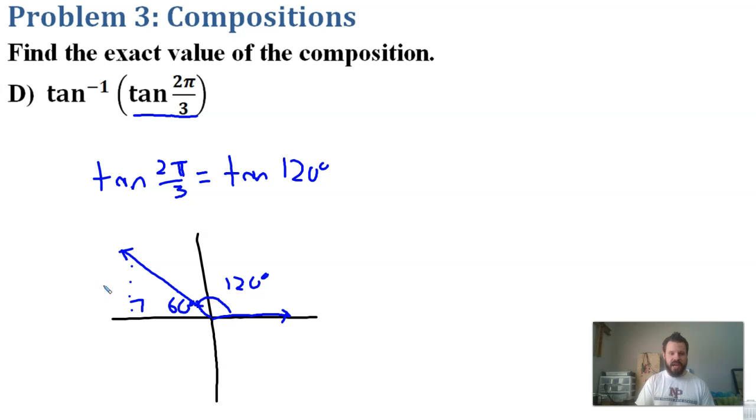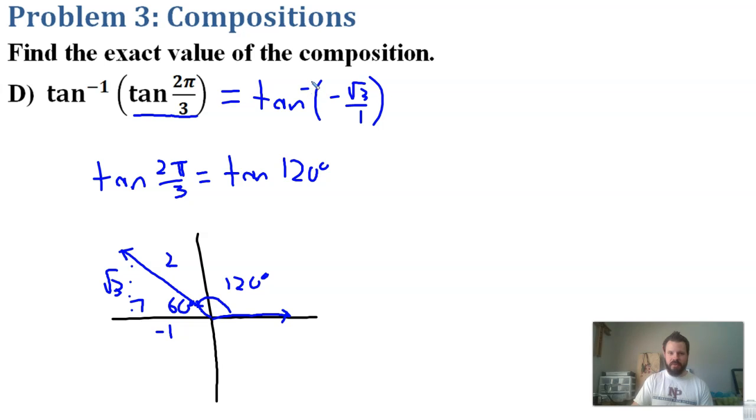We're talking 30, 60, 90, so I have a root 3, a 1, and a 2. This would be a negative 1 here. All right, so I could say that tangent of 2 pi over 3 is the same thing as tangent of opposite over adjacent. We could say negative root 3 over 1.